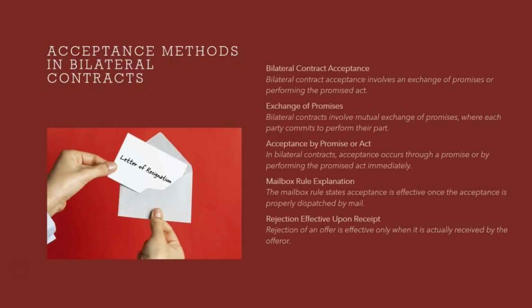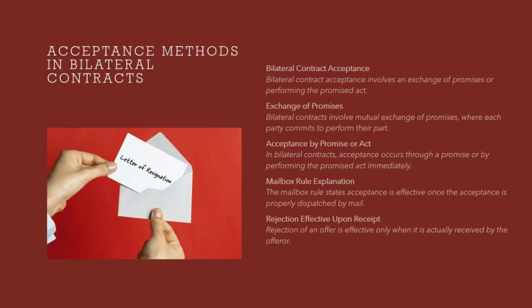But with bilateral contracts, the acceptance methods work like this. In a bilateral contract, acceptance involves an exchange of promises or performing the promised act. In bilateral contracts, there's a mutual exchange of promises, and each party commits to perform their part. And the acceptance is through a promise or by performing the promised act immediately. The mailbox rule comes into play here.